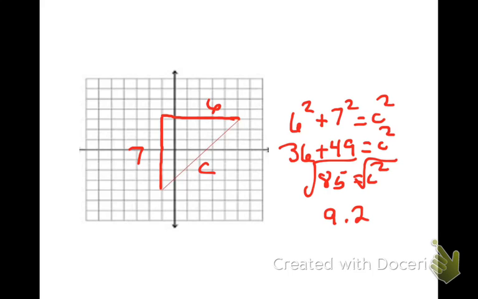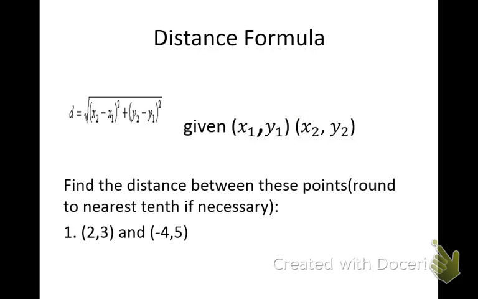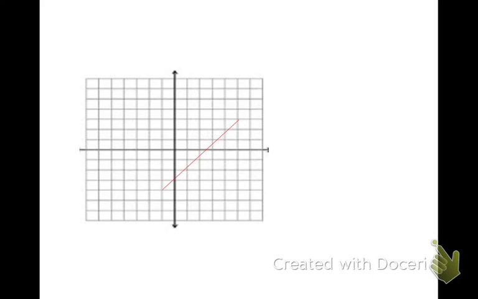What this leads to is what's called the distance formula. I guess I should have shown you back on that last one. Let's go backwards a slide. If we think about the coordinates of this point, it's -1 and 1, 2, 3, 4, so -1, -4.